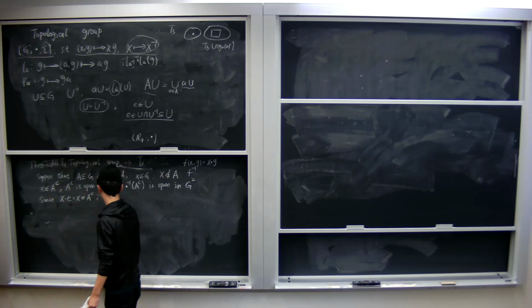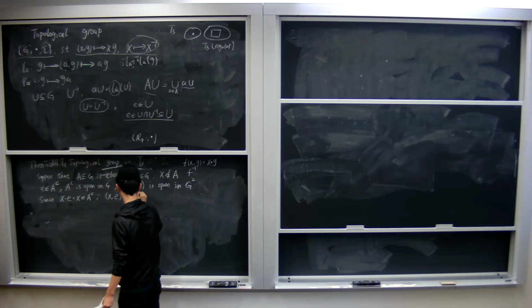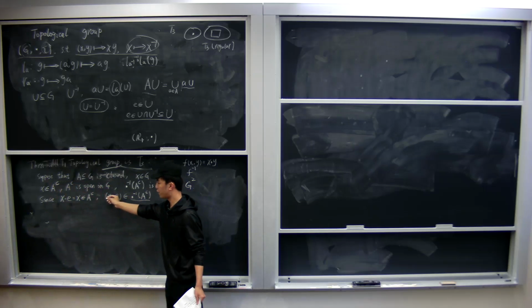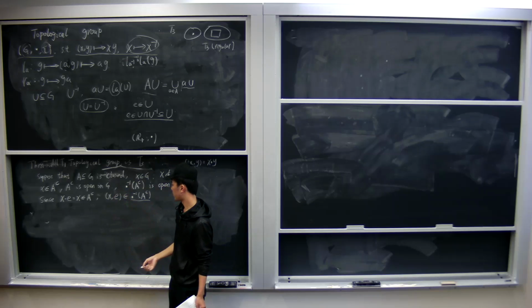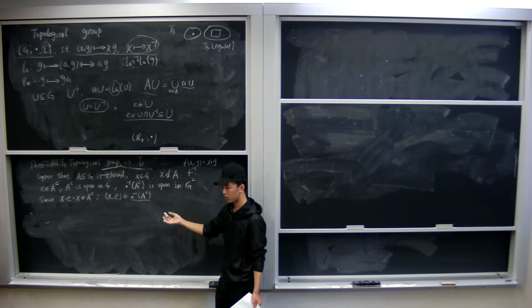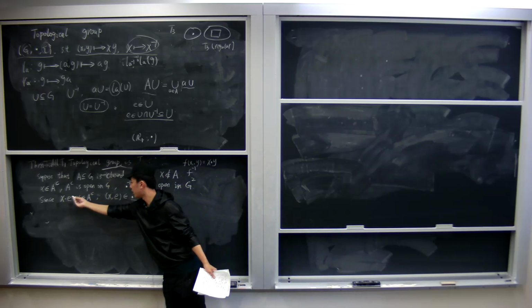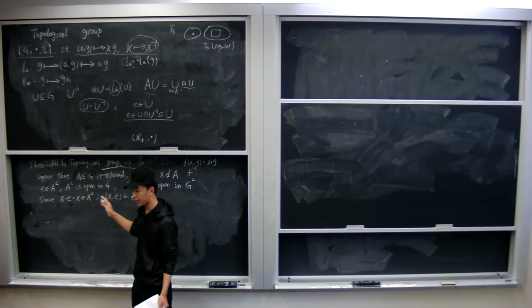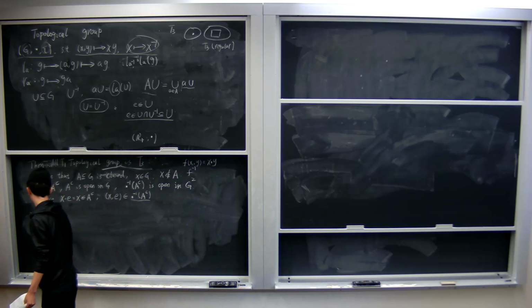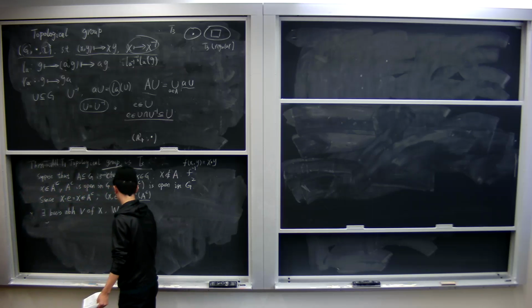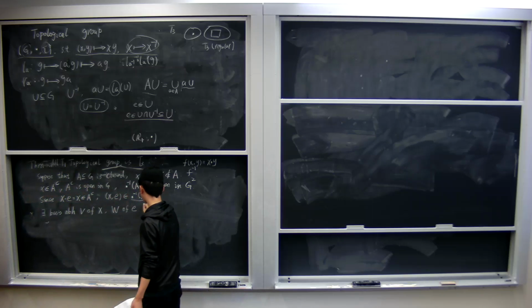we have (x, E) in the preimage. So we can say this set is a neighborhood of (x, E), because X belongs to A complement. By the definition of product topology, we can find two basis neighborhoods, V of X and W of E, and we require that W is symmetric.